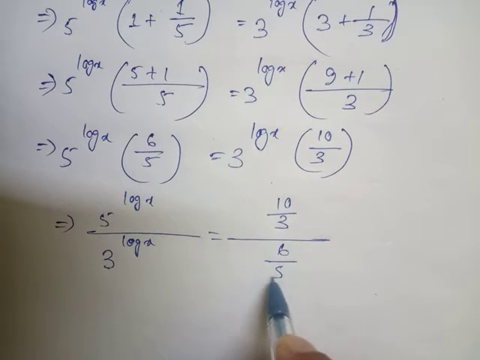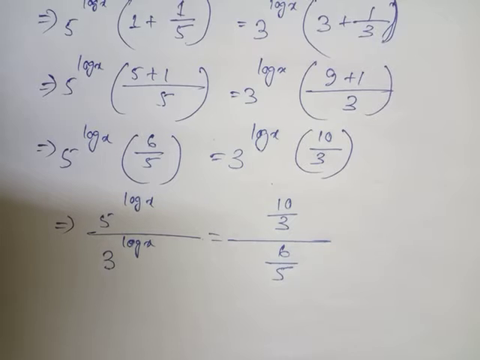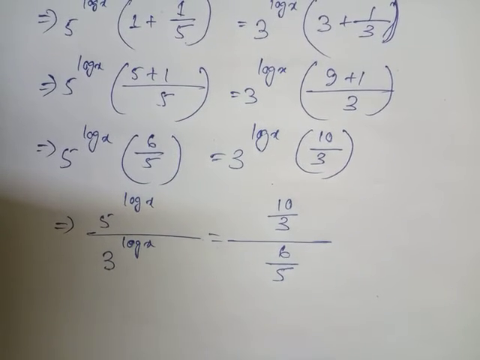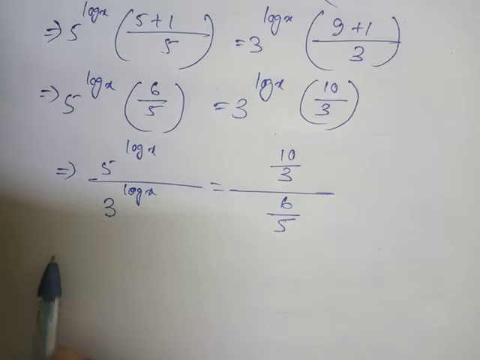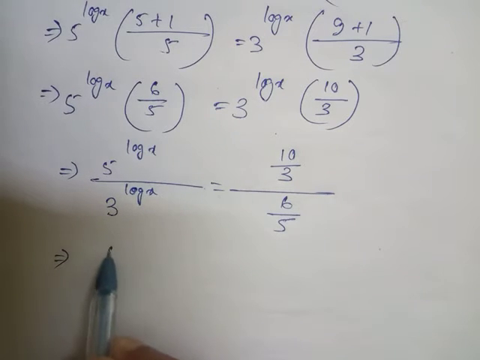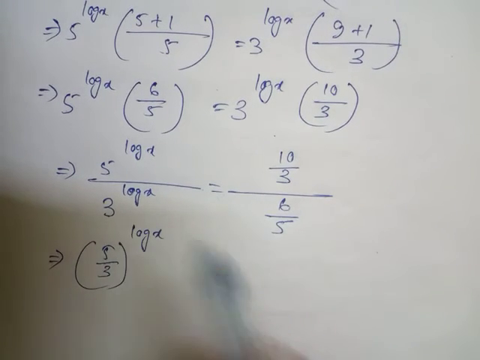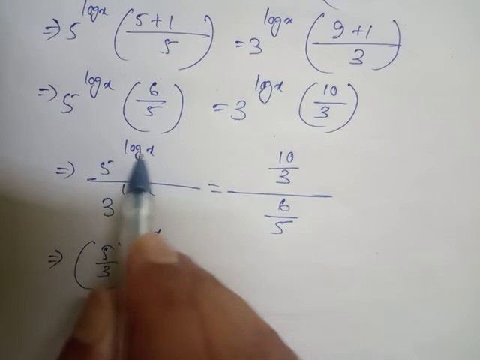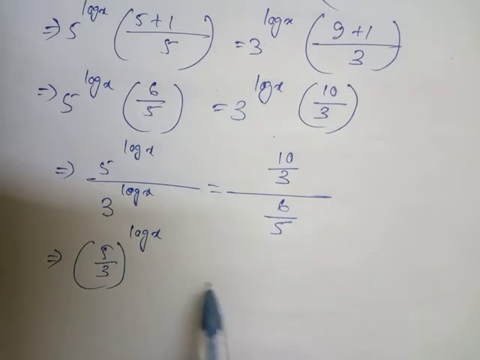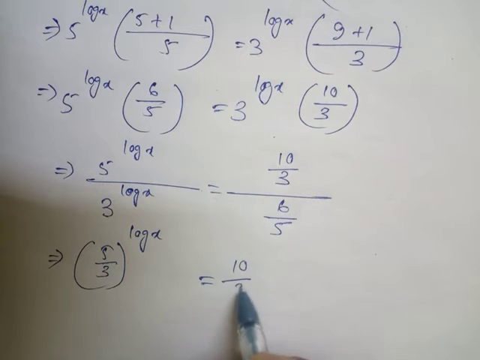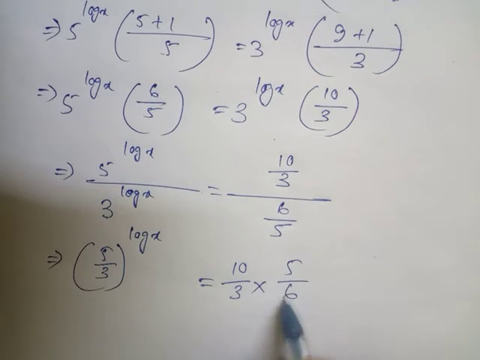so 6 by 5. Now, after that, the log x power is the same here, so we can write this as 5 by 3 whole to the power log x, under 1 power, meaning under power is log x. Now divide by divide, this will go on reciprocal, 10 by 3 into 5 by 6.